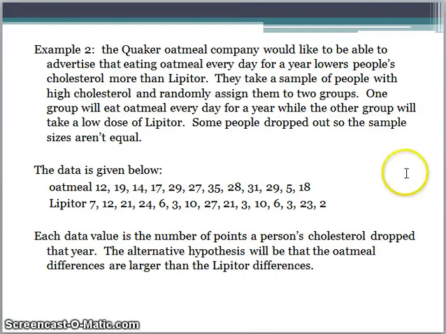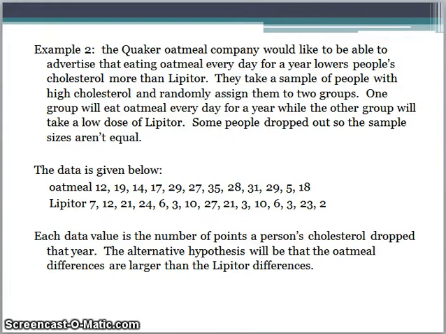And these are our data points, and they specify that some people dropped out because they were in the oatmeal group, and who wouldn't want to drop out if it's the oatmeal group? Yuck. So anyway, the sample sizes aren't equal, but that's fine, they don't have to be.